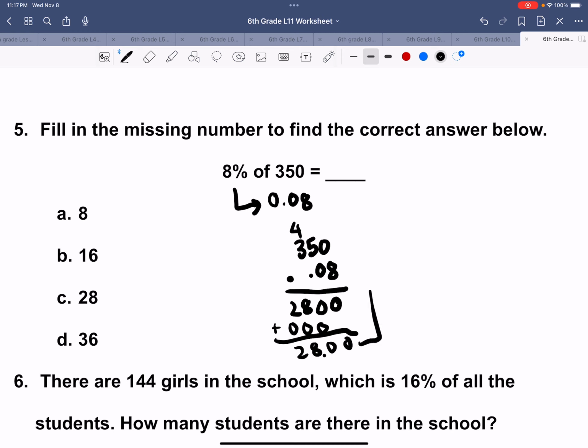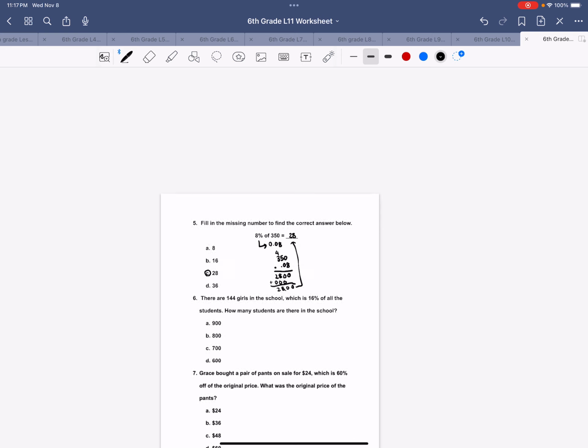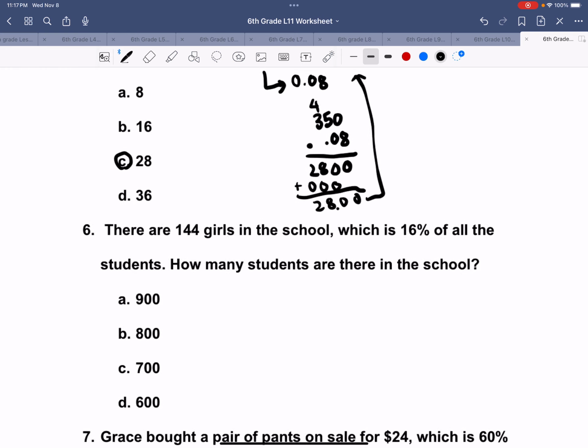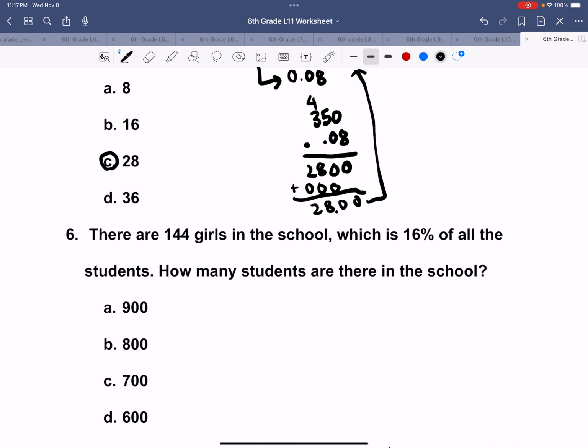In which we get 28 here. So we'll put 28 here, and so this is C.